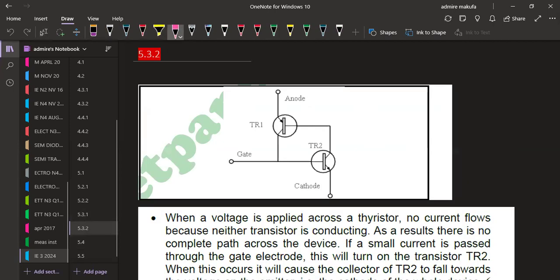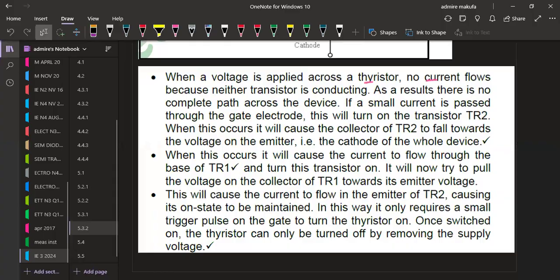And for the operation, we are going to consider this: when the voltage is applied across the thyristor, no current flows because neither transistor is conducting, and as a result, there is no complete path across the device. If a small current is passed through the gate electrode, this will turn transistor 2 on.